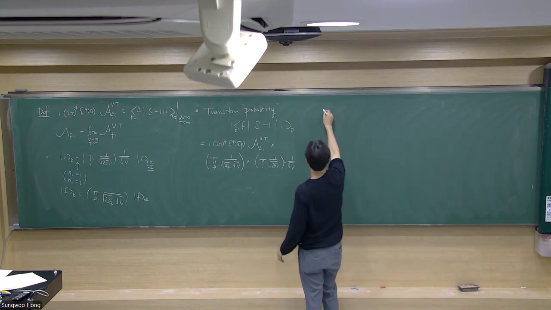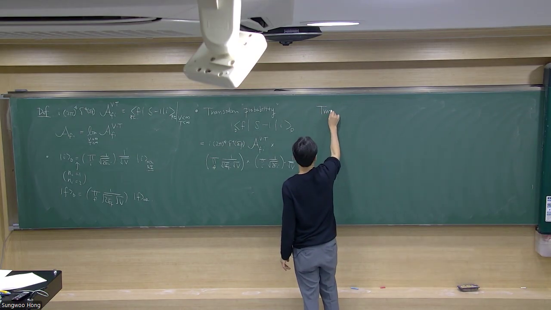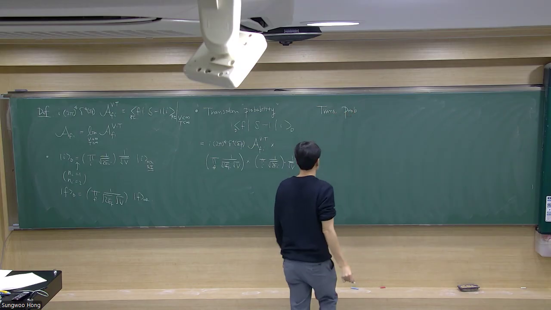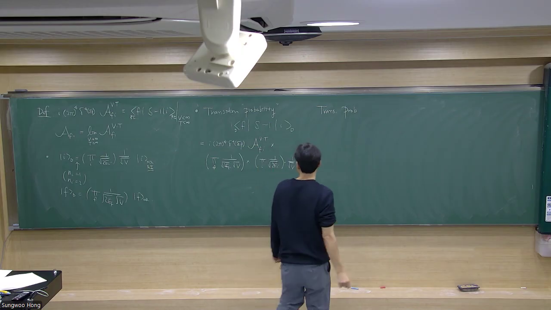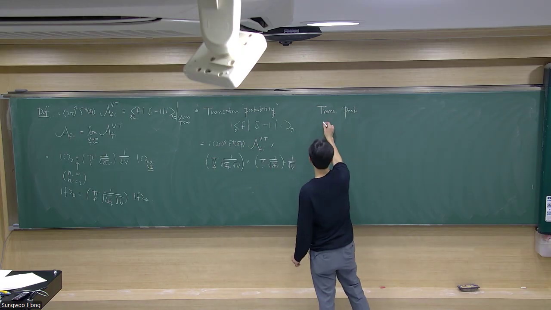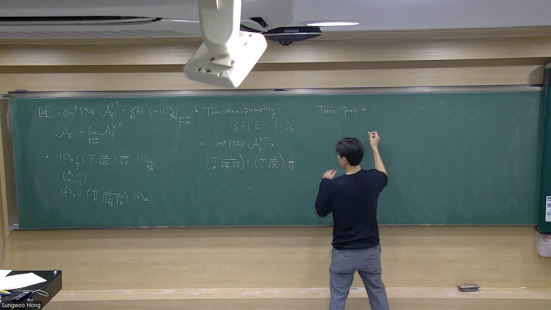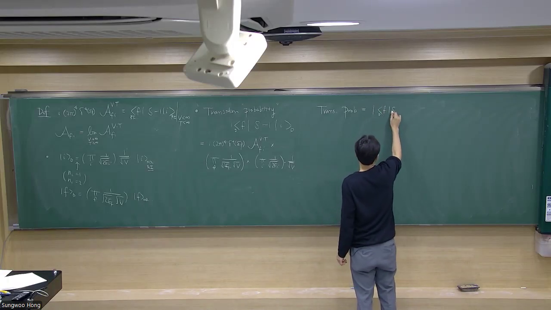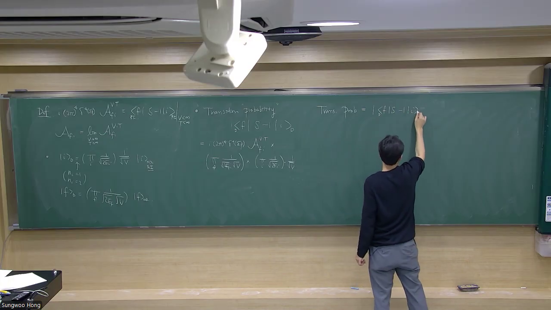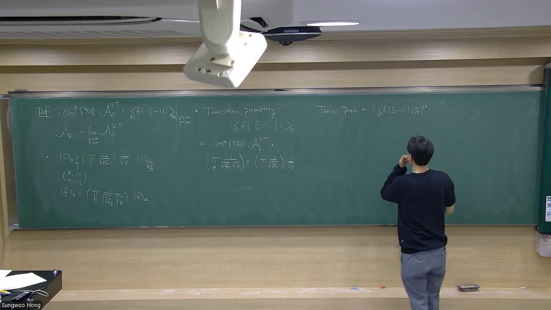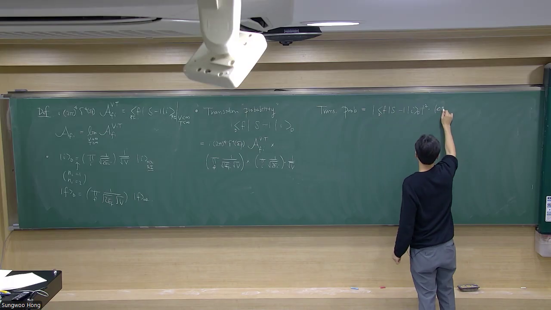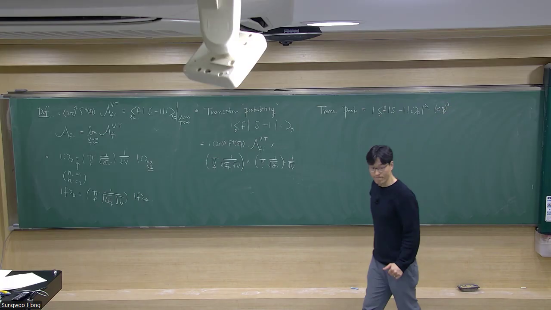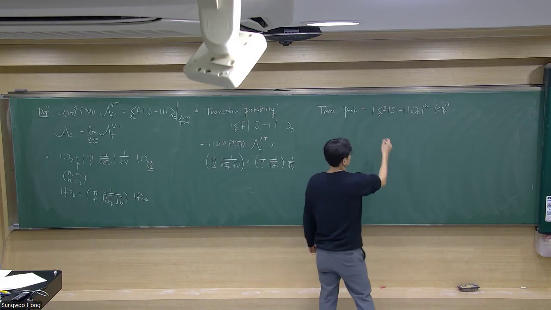So therefore, the transition probability is, the claim is, let me first write it and then explain.